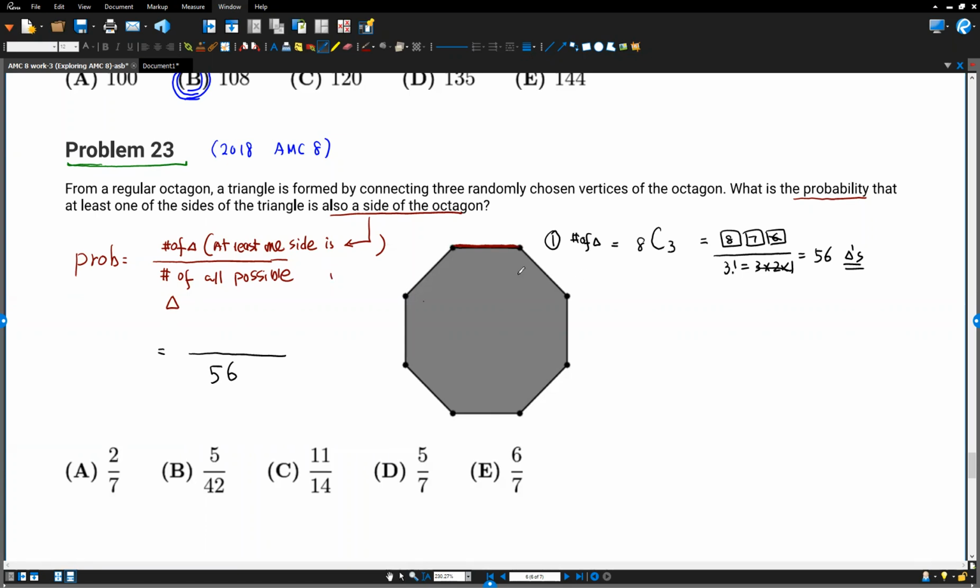Case 1: only one side is a side of the octagon.